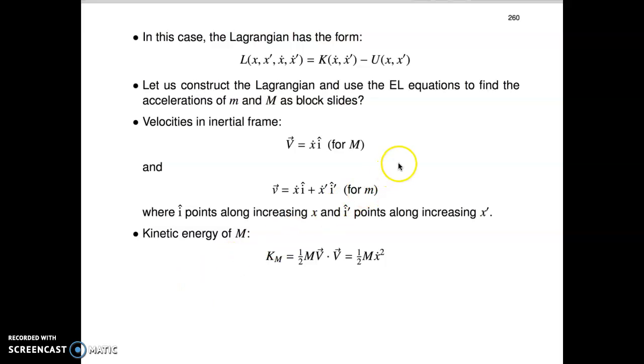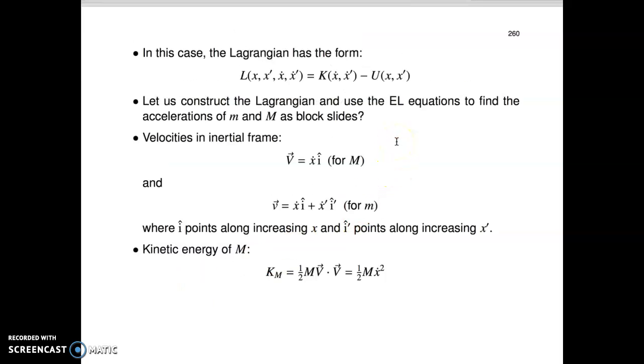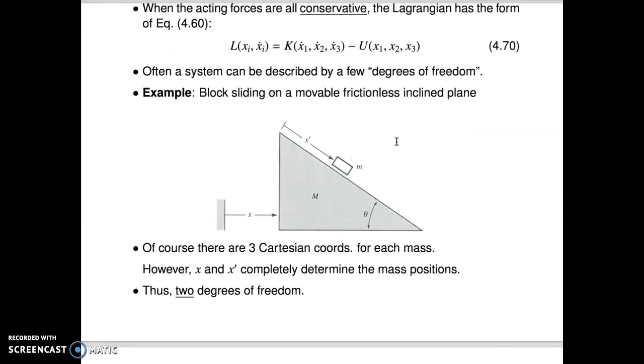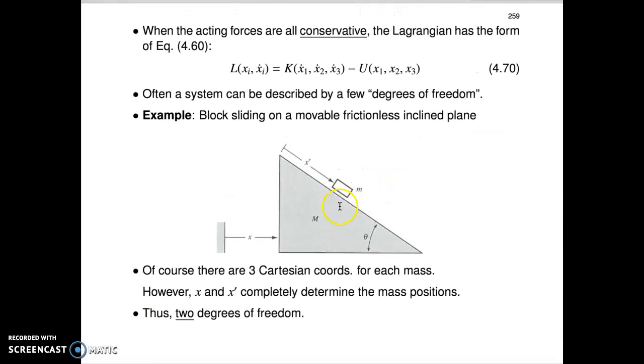So again, we're constructing our Lagrangian for this system, for this problem. Mass little m is sliding down this incline, but it's sliding on a surface which is the surface of an object with mass big M, and big M may itself be moving in either direction.